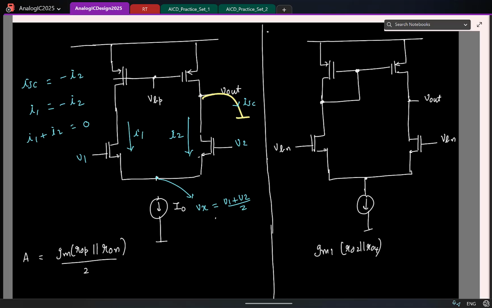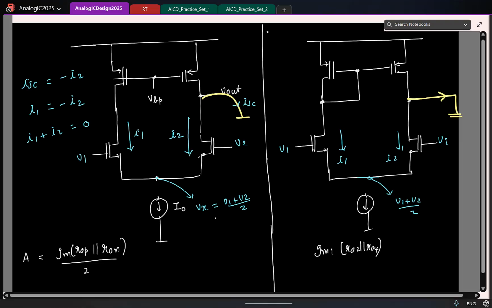Whereas here if I do the same calculation, let us say I have the same thing, V1, V2. This voltage is going to be again V1 plus V2 by 2. I'll have similar currents I1, I2. But here if I short circuit this, right? Now tell me what will be the short circuit current.